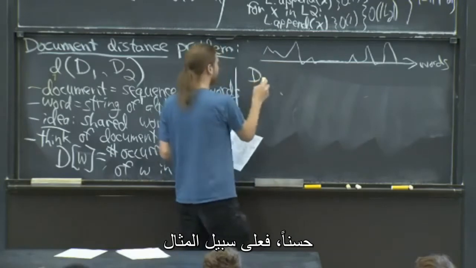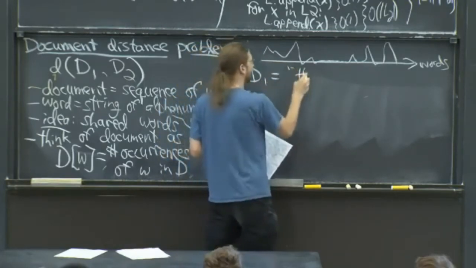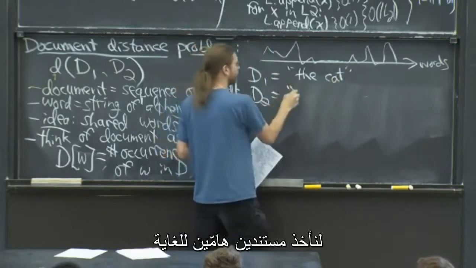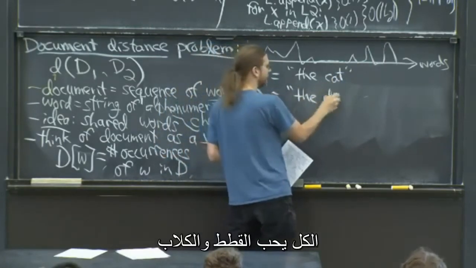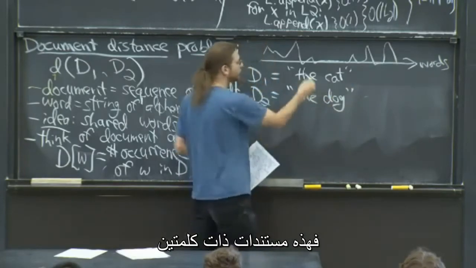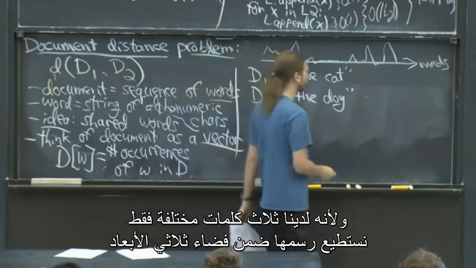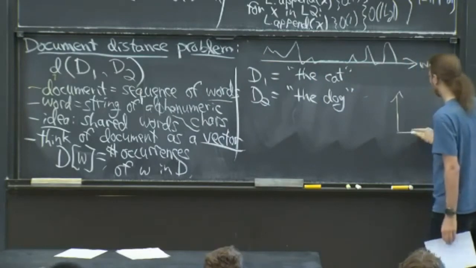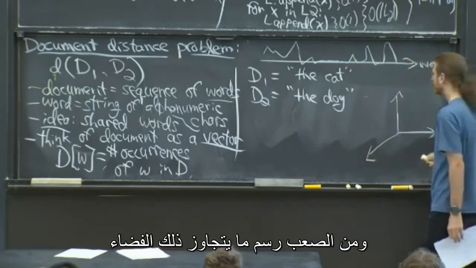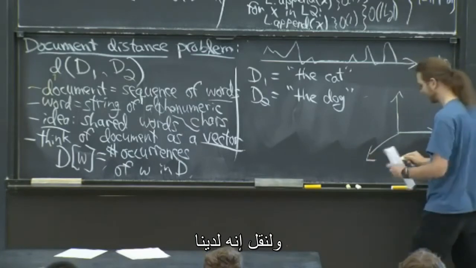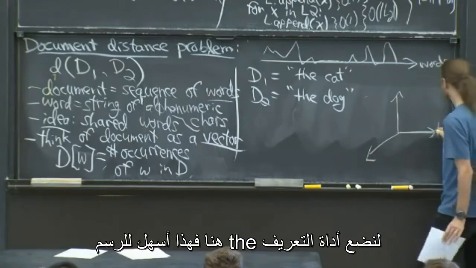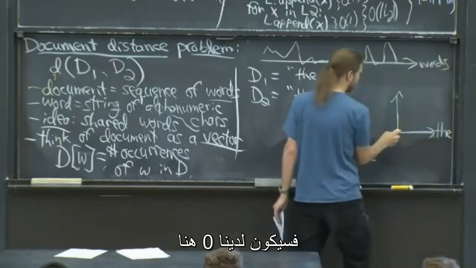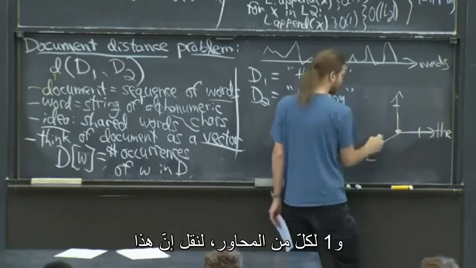So, for example, take two very important documents. Everybody likes cats and dogs. So these are 2 one-word documents. Because there are only 3 different words here, we can draw them in 3-dimensional space. Beyond that, it's a little hard to draw. Let's say this one's the, which makes it easier to draw, so there's just 0 and 1 for each of the axes.